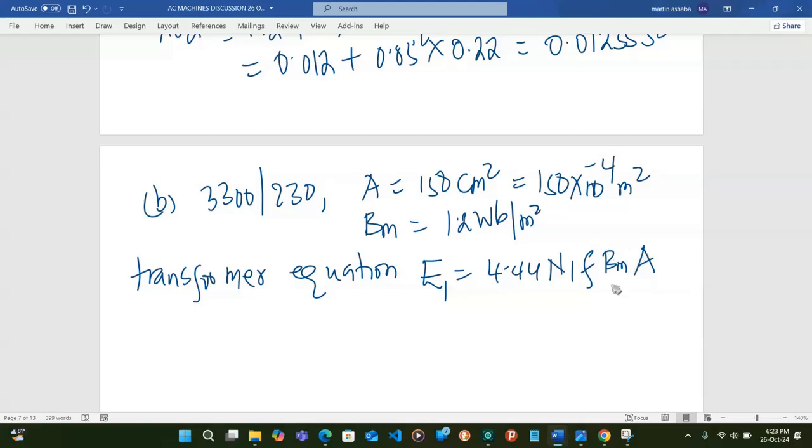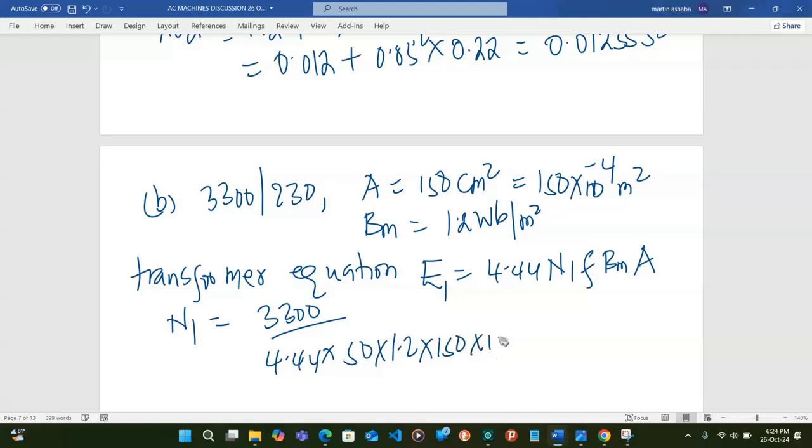If we are looking for the number of turns, we make N1 the subject. So E1 is 3300, divided by 4.44 times frequency, which is 50 Hz, times 1.2 times 150 times 10 power negative 4.